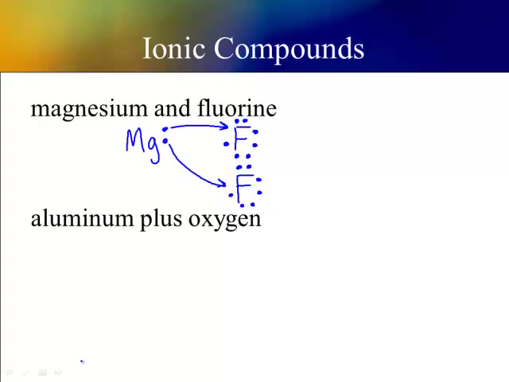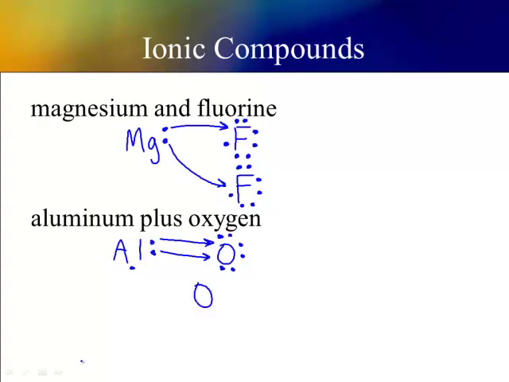How do aluminum and oxygen atoms combine? Aluminum transfers 2 electrons to this oxygen. That oxygen atom is now stable, but aluminum needs to give away another electron still.